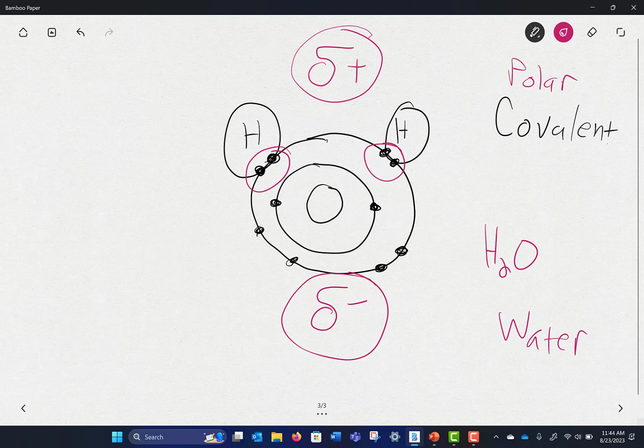Now, building on that, we are going to look at our last type of bond, and it's a little bit tricky. So we're going to keep this water molecule, but now we're going to zoom out. And when our book and when most places draw water molecules, they kind of look like little bitty Mickey Mouse.